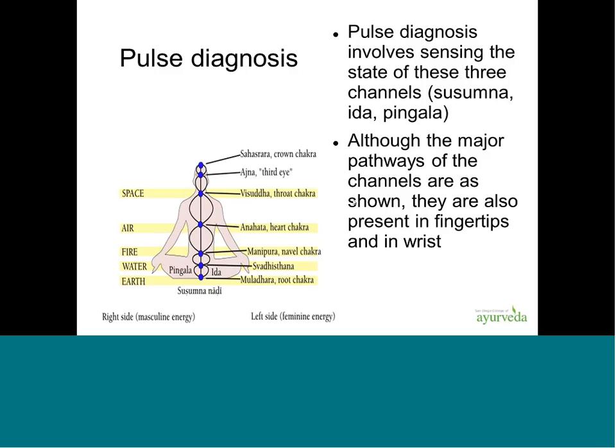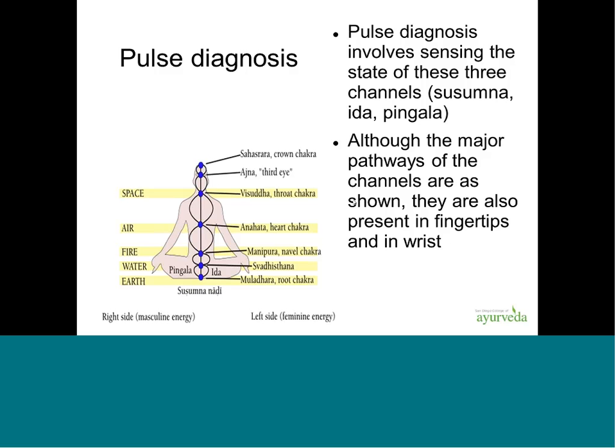You have your own channels, your own nadis, Sushumna, Pingala, and Ida, and they are present in your 3 fingers. And the other person also has these pathways present in their wrist. So your pathways are present in your fingertips. They're also present in the wrist of the person.